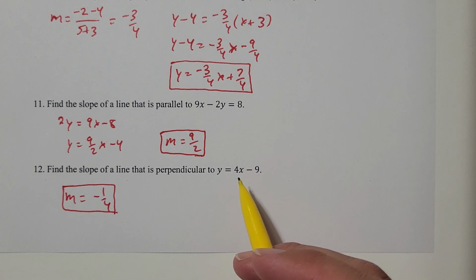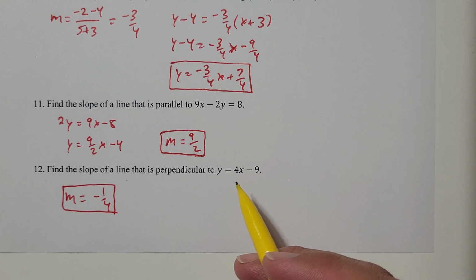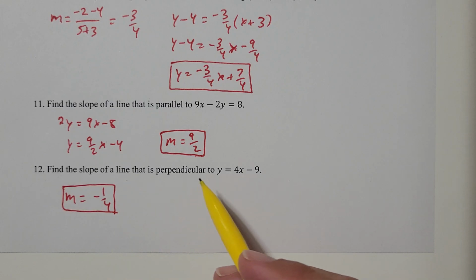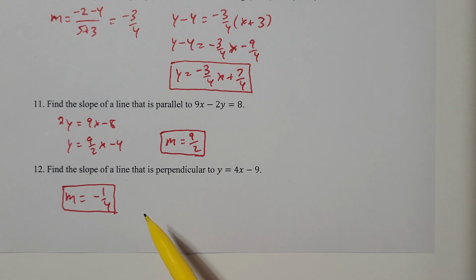So all I need to do is find out what number I multiply by 4 to get -1. Okay, well, negative 1/4 times 4, that's negative 1. So the slope of any line that would be perpendicular to this one must have a slope of negative 1/4.